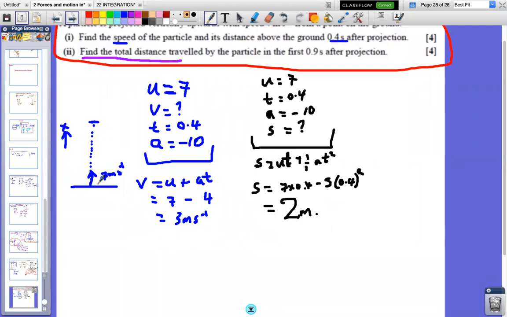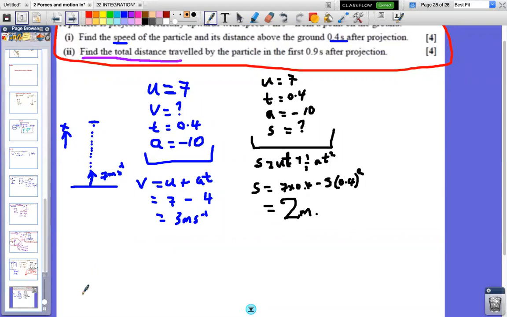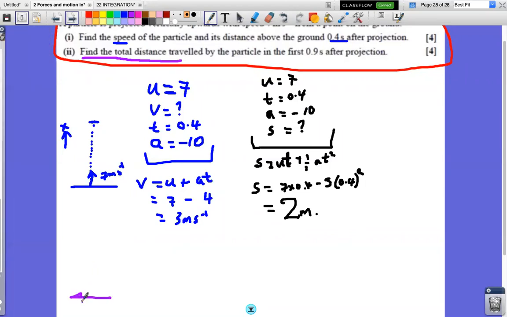You cannot just use this equation to find the distance traveled because this equation gives you the displacement. And it's possible that the particle probably has gone up to its maximum point and is coming down. And then this is 0.9 seconds later, it is here.